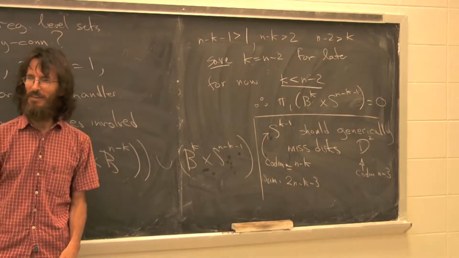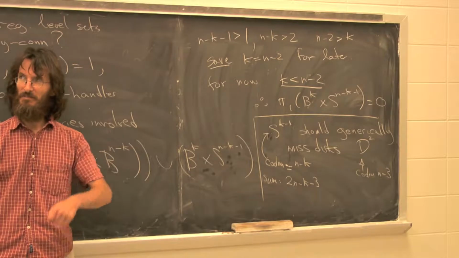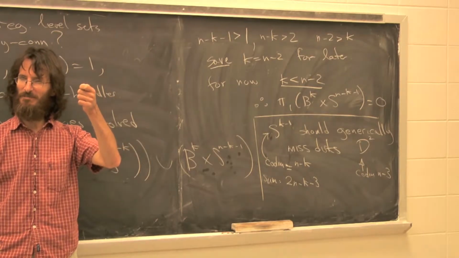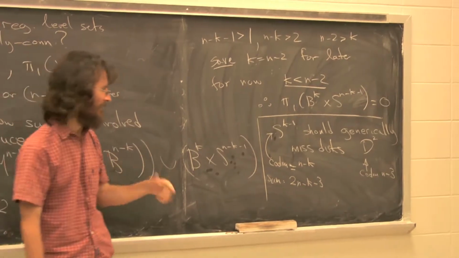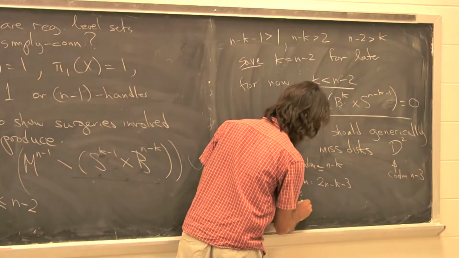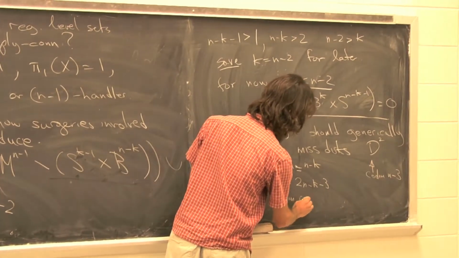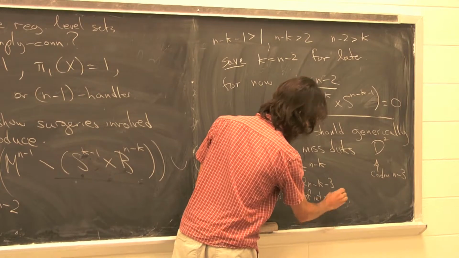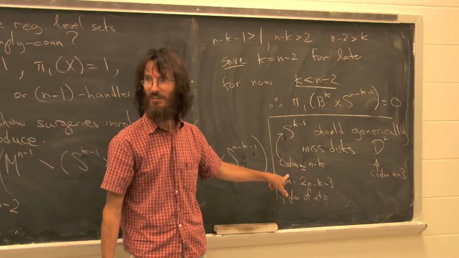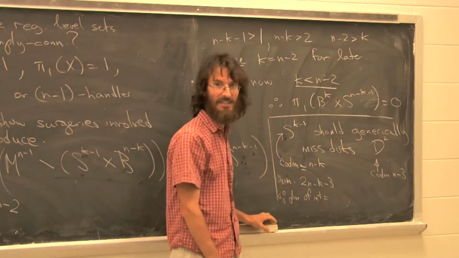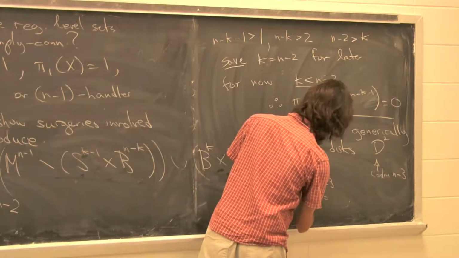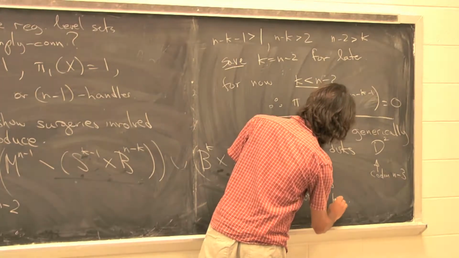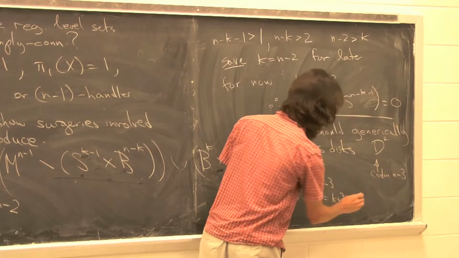Okay, what do we want? We want that to be big. Big or small, first of all? Well, that's the codimension of the intersection, so the dimension of the intersection is n minus that. So that's going to be k plus 3 minus n.